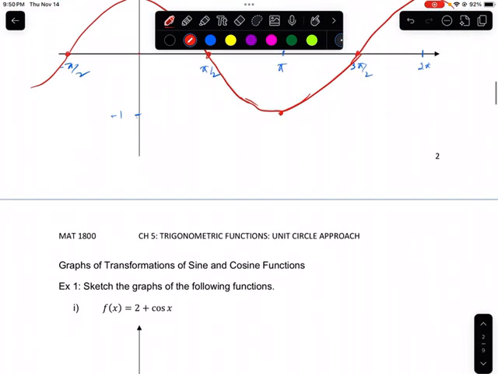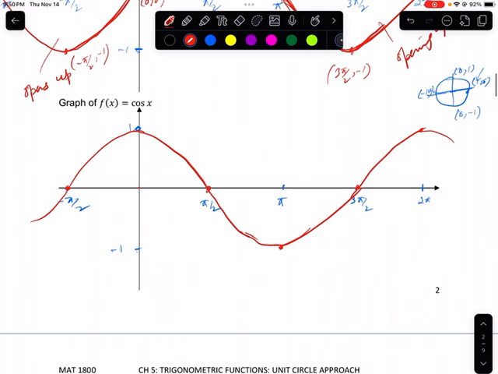Normally it will be mentioned over what interval to graph the function, but if nothing is said like in these problems, you can just go from 0 to 2 pi, that will be enough.